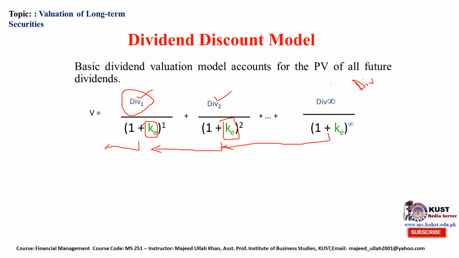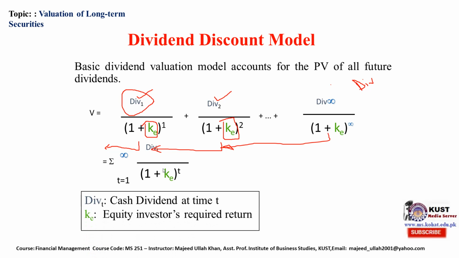But mathematically it is not easy to calculate present value till infinity, so maths gives you a very short formula. This is basically the summation from 1 to infinity of dividend divided by (1 plus KE), where KE is the required rate of return. But this is not the final formula.